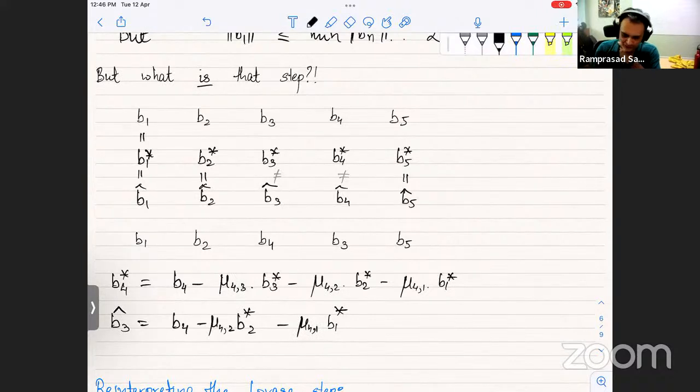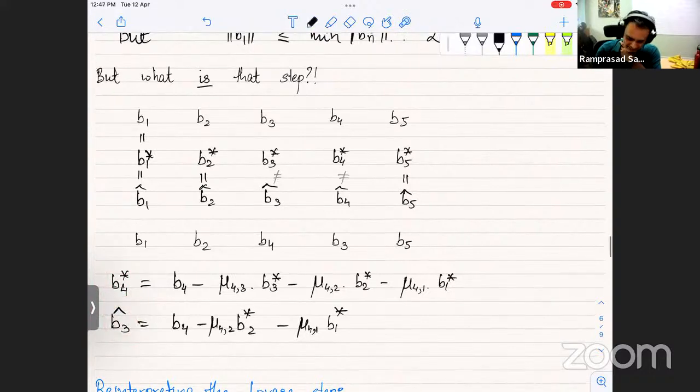Okay. So now, what is B3 hat in terms of B4 hats and so on? B3 hat is nothing but B4 star, and the only term that B4 star in addition subtracted off was this one term, which was not present here.